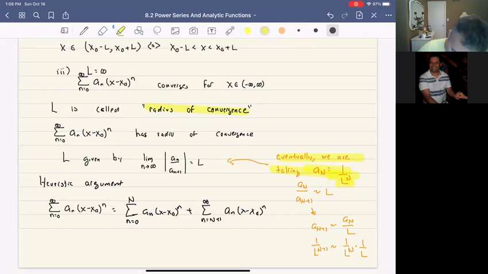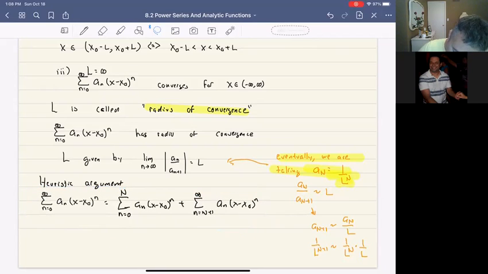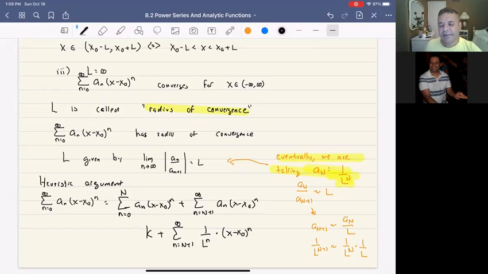Now, this part is finite, so we really don't care about it. This is some, let's call it k, plus we're going to take the sum n goes from n plus 1 to infinity of a sub n, which we're going to say is basically 1 over L to the n, times x minus x0 to the n.